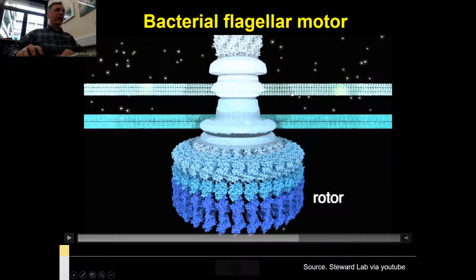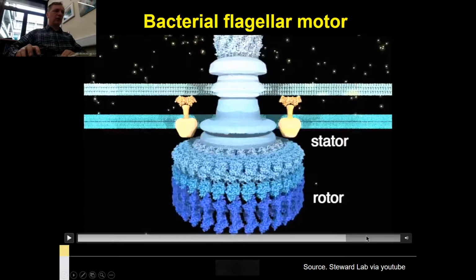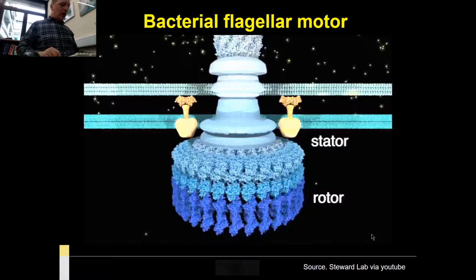So we have here a gradient between protons in the extracellular milieu and protons in the intracellular milieu. And this proton gradient, the flow of protons between the stator and the rotatory fragment, drives the whole rotor and the flagellum that is attached to it forward, so that you get this fancy flagellar movement happening.